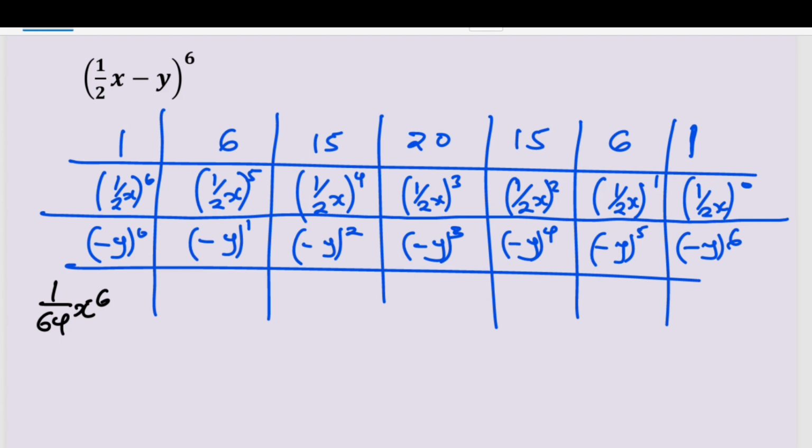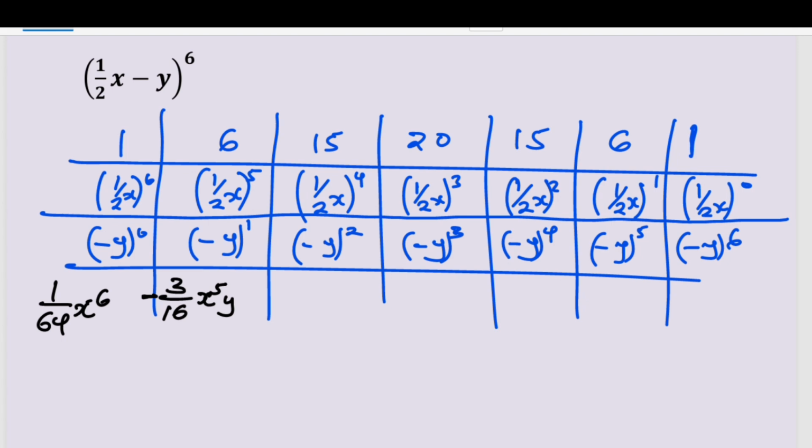So this one gives you 3 over 16 x power 5 y power 1, or just y, but now it's supposed to be negative, so negative 3 over 16 x power 5 y.